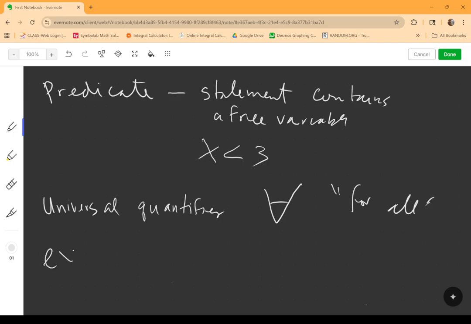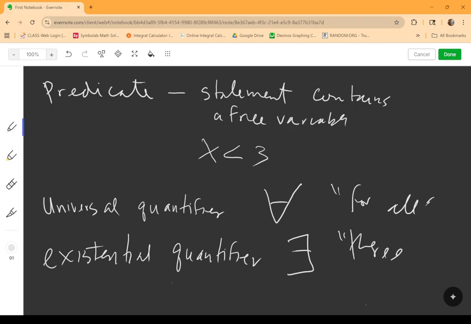And then we also have the existential quantifier, and we have this, and this is there exists.